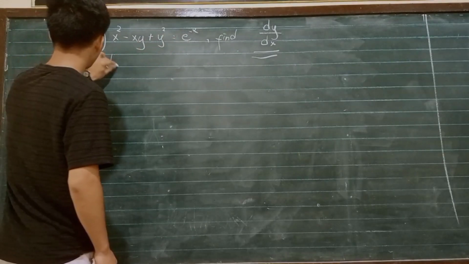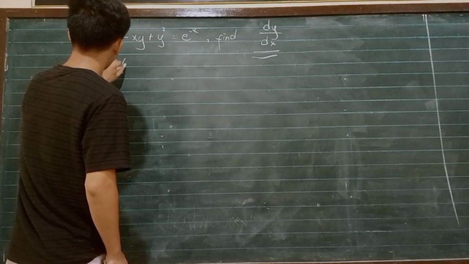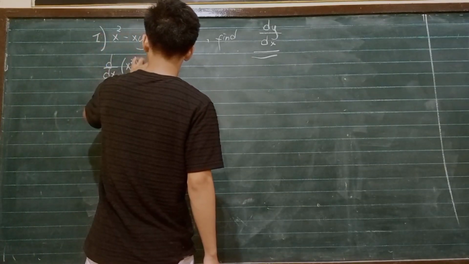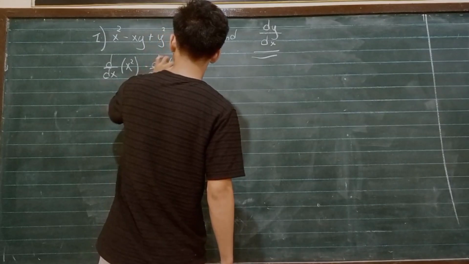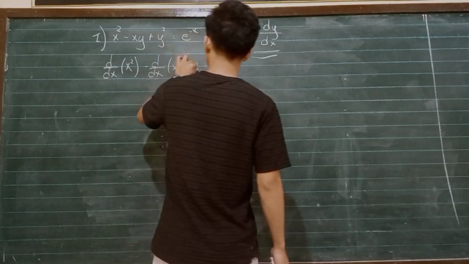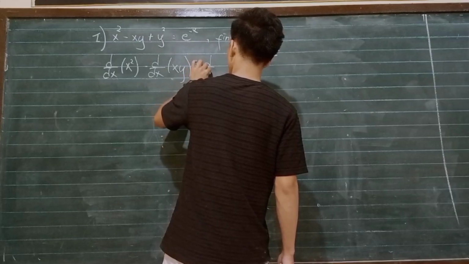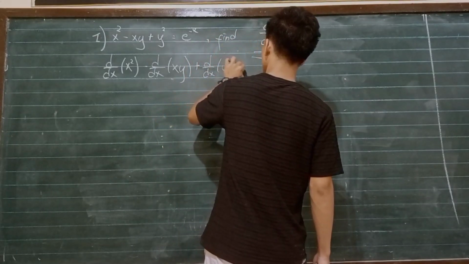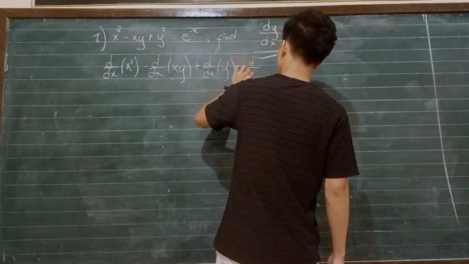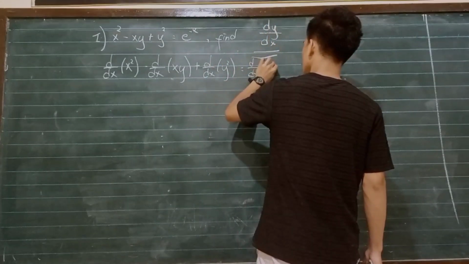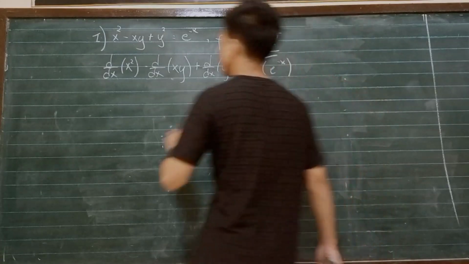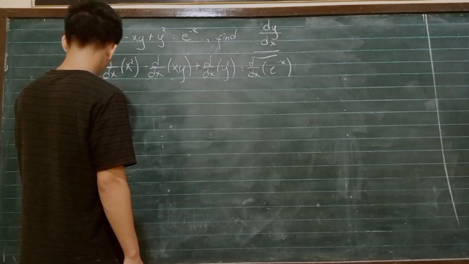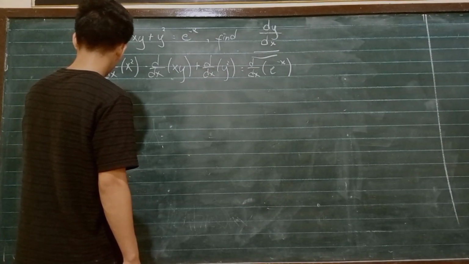It should be d over dx of x squared minus d over dx of xy plus d over dx of y squared and d over dx of e raised to negative x. So let's simplify. First, there will be 2x.